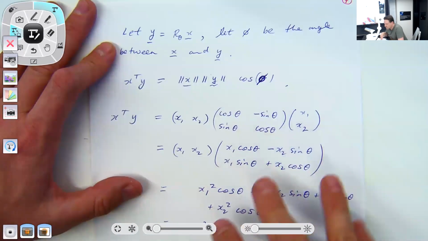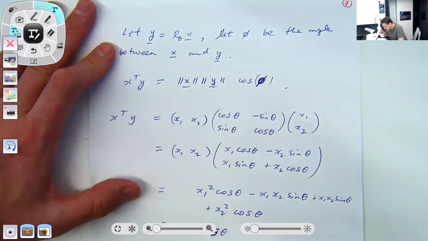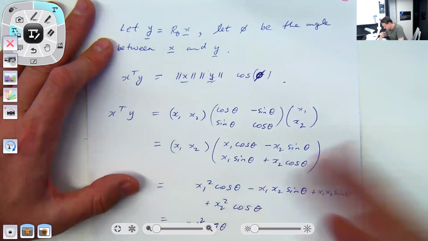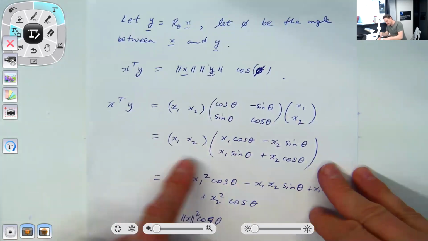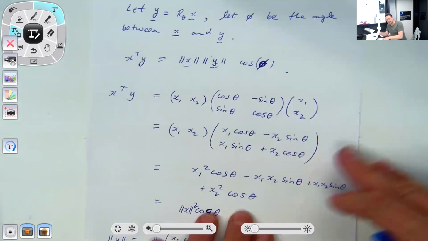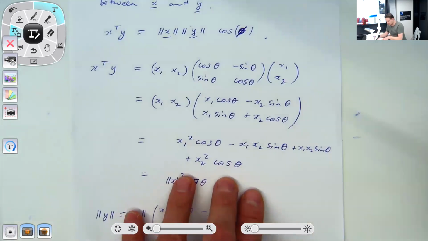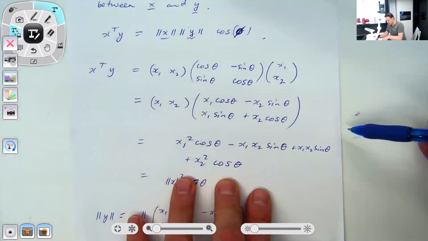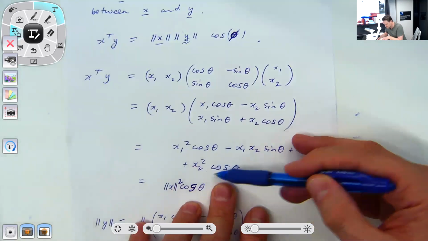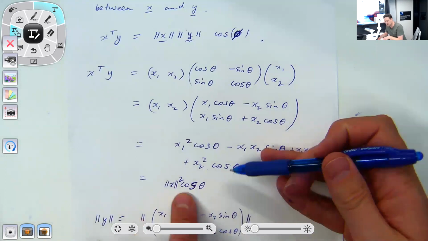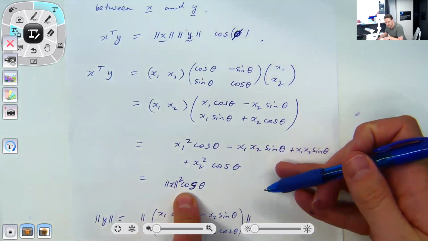Here I'm verifying that that's correct using some other techniques. I multiply these out, and then I multiply this by this, and I get a big sum, but various things cancel, and we end up with x1 squared cos theta plus x2 squared cos theta, which is the norm of x squared cos theta.